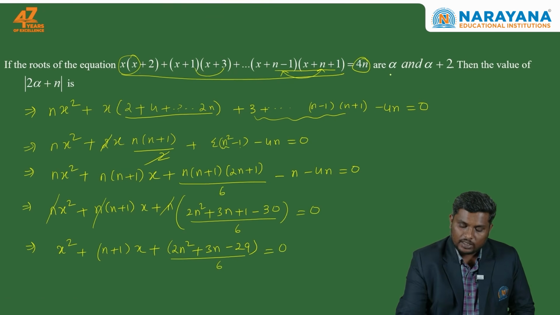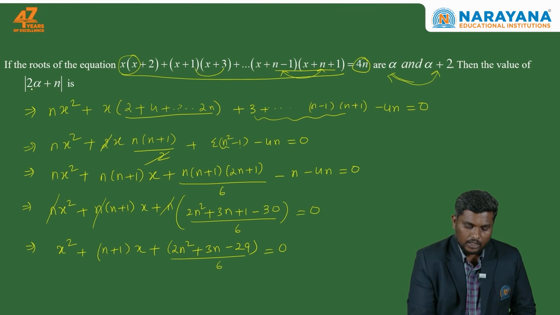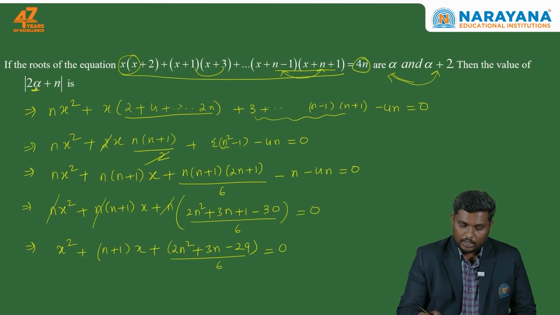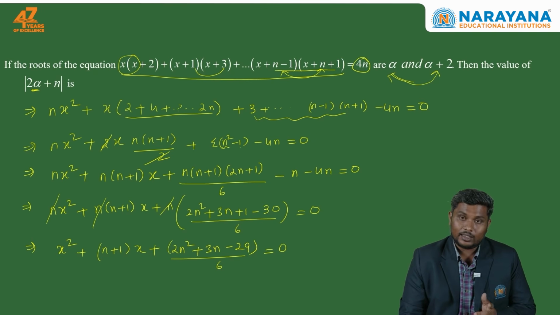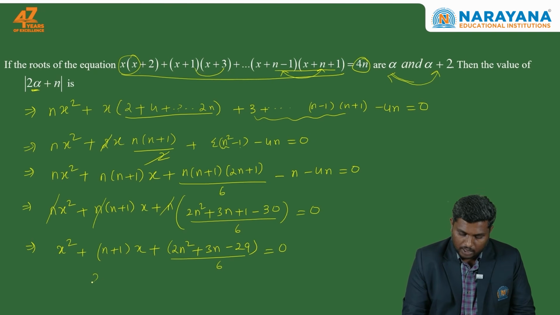It is given that the roots are alpha and alpha plus 2, and he is asking about 2 alpha plus n. Guys, let me write the sum of the roots condition here and see if I can match up anything. So I get sum of the roots, 2 alpha plus 2 is equal to minus of n plus 1.